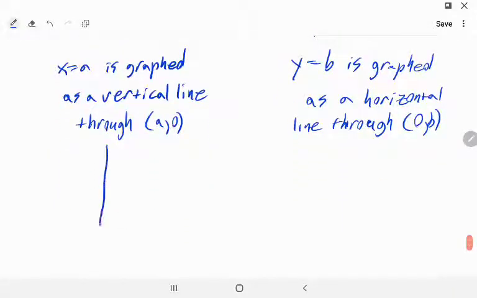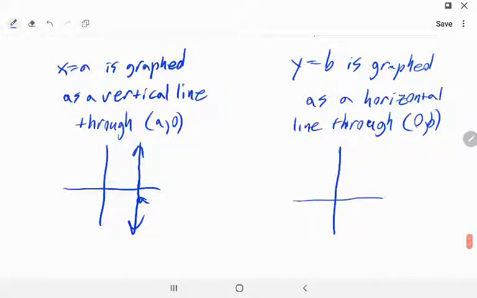In general, we look at an arbitrary a with a y coordinate of 0, and then we just draw a vertical line. y can be anything. And for y equals b, we find b on the y-axis, and then draw a horizontal line through it.